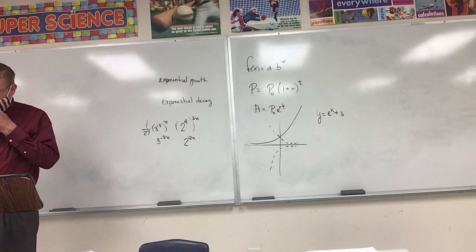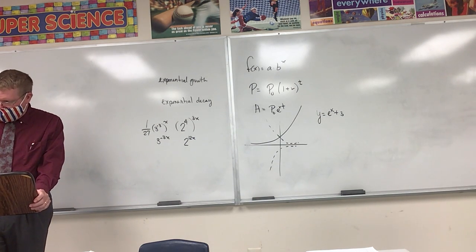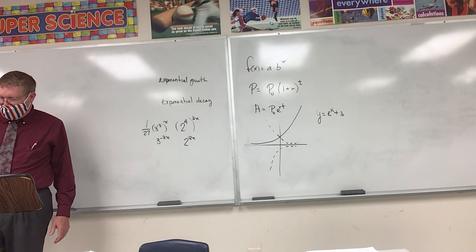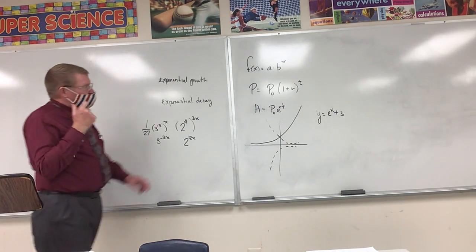Alright, turn to page 23. Look at number 23. Look at the table on the bottom of the page, prediction of the United States population. When we look at this, my base is always a ratio.